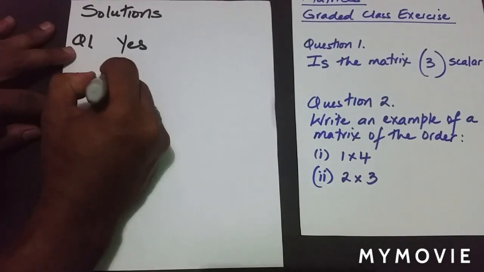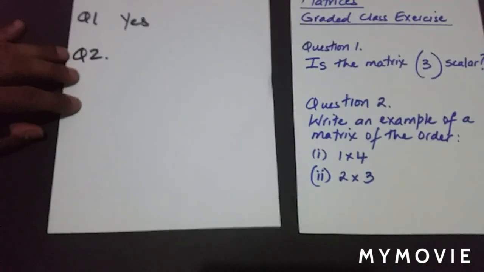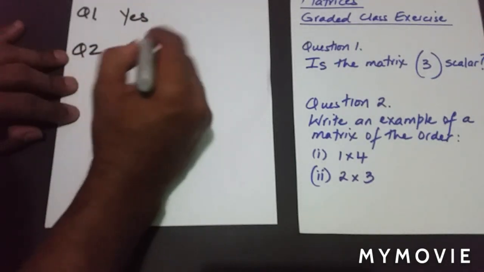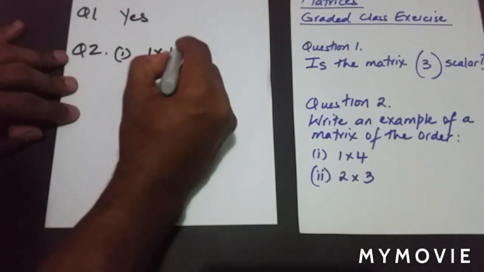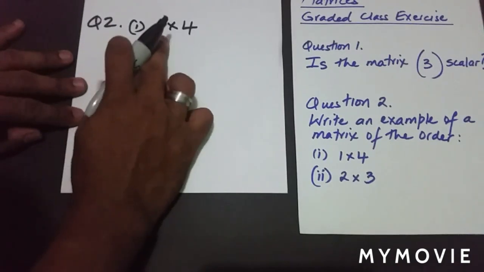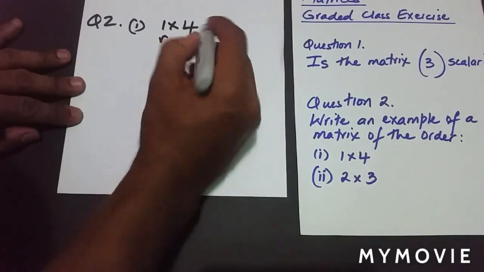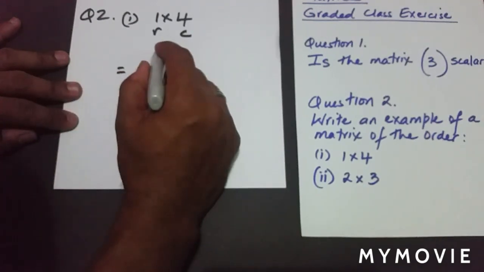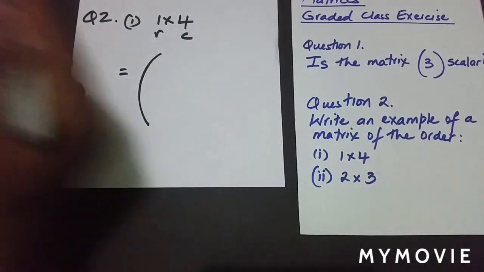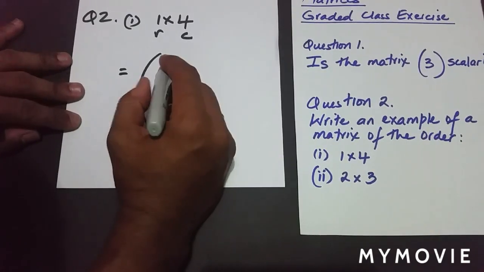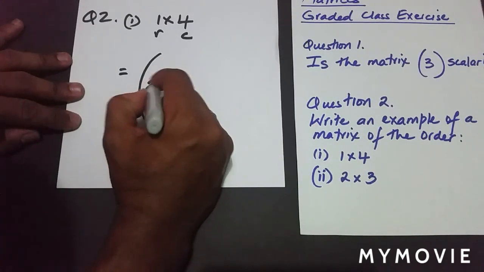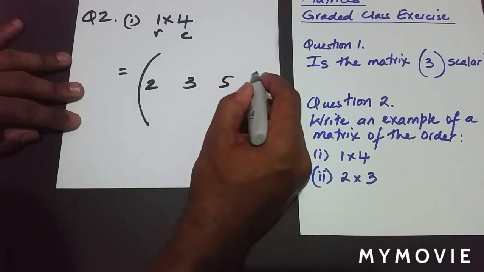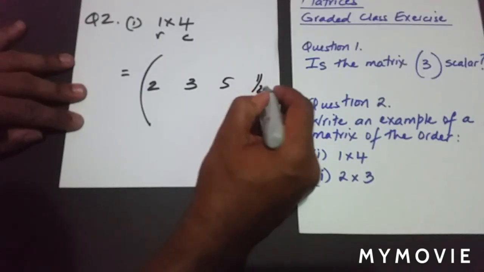Alright, question 2, it says write an example of a matrix of the order. So number 1, you're asked to write a matrix of the order 1 by 4, which means you have 1 row and 4 columns. And the answer to that would have simply been, it's 1 row, so we'd have 2, 3, 5 and a half for argument's sake.